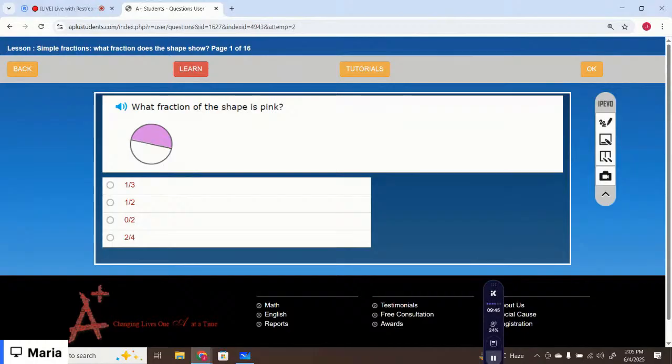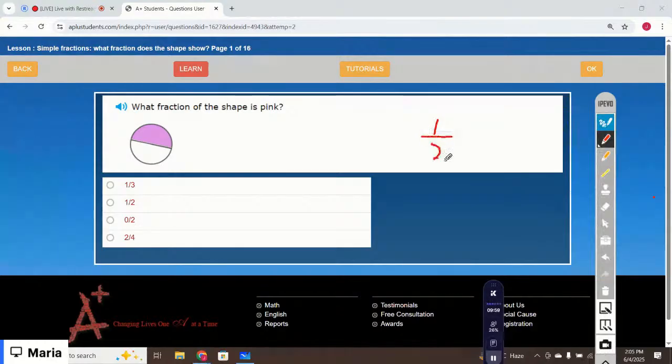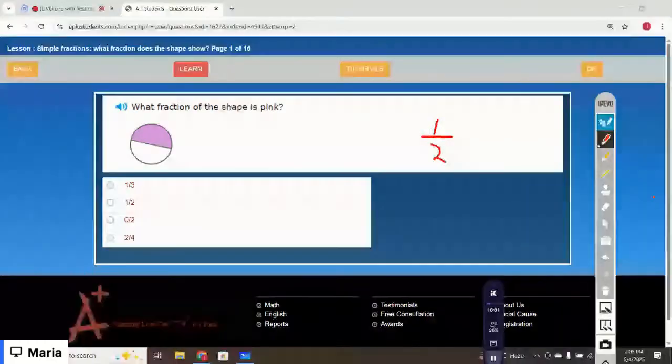What fraction of the shape is pink? So the shape has two equal parts. The total parts are two, and one of them is pink. So that is one out of two. One out of two means the shape has two equal parts, and one of them is pink.